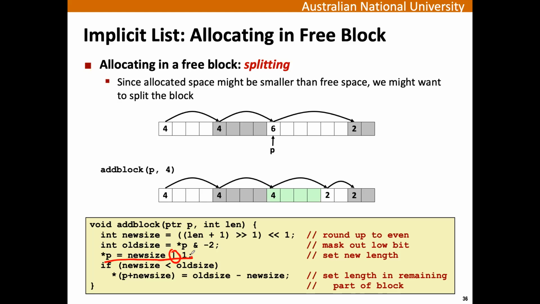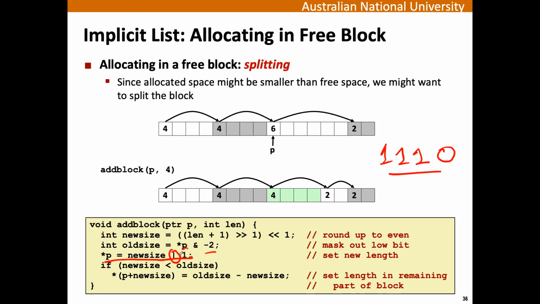So when you are writing code for allocators and you use the optimization where you steal the low order bit of the size header for a different purpose, you have to do these things. This code is just to show you that you have to use bitwise OR and bitwise AND with a mask. This mask here, -2 in 2's complement, is 1, 1, 1, whatever the number is, 0.